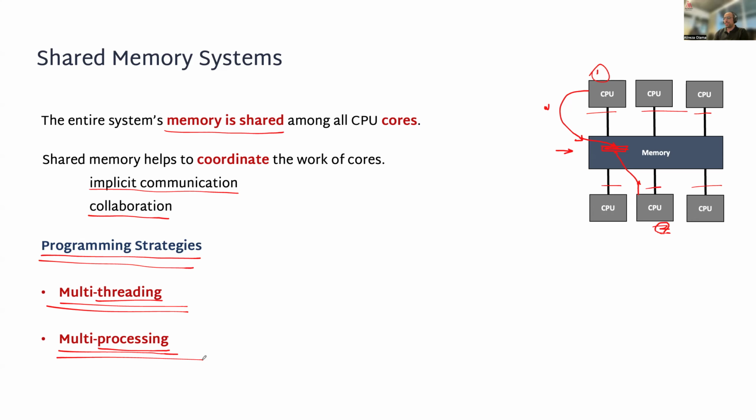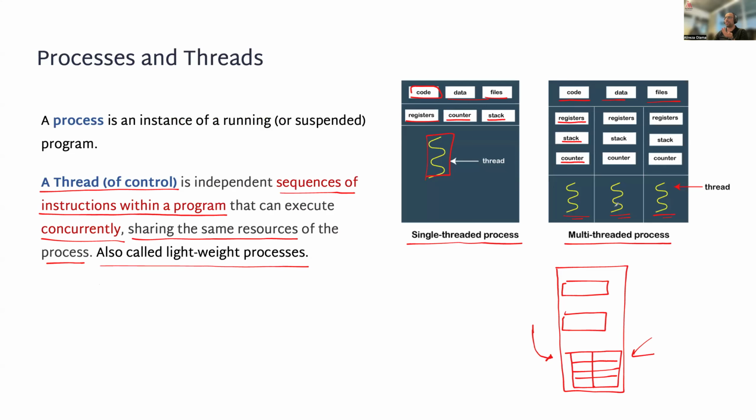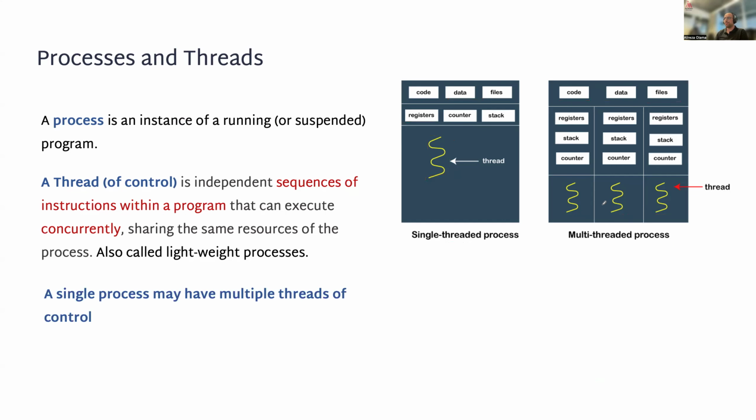From a memory perspective, in multi-threading programming, where you have multiple threads performing some parallel computation, the threads share the memory. All of the threads in your process have access to the same memory space. But that's not the case with processes, because processes are isolated. So even in a shared memory system, if you do multi-threading, you have a shared memory space from the software perspective, but in multiprocessing, your memory is isolated.